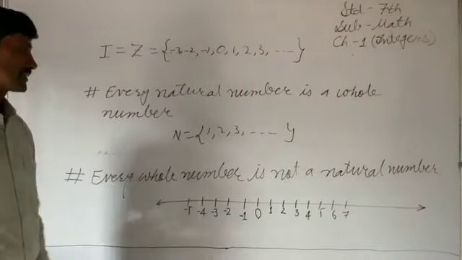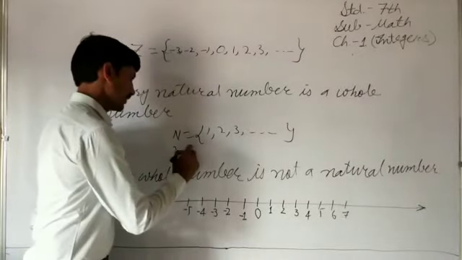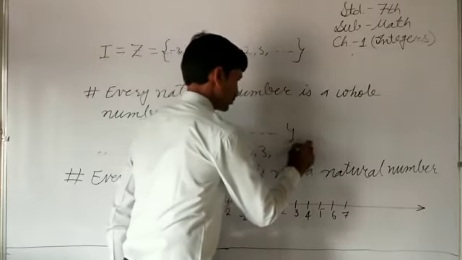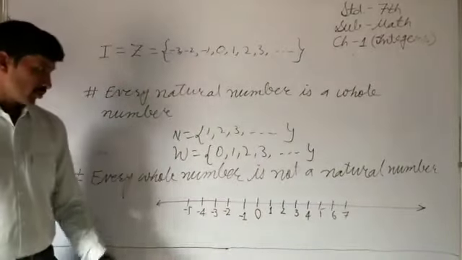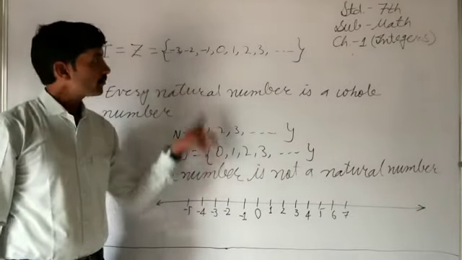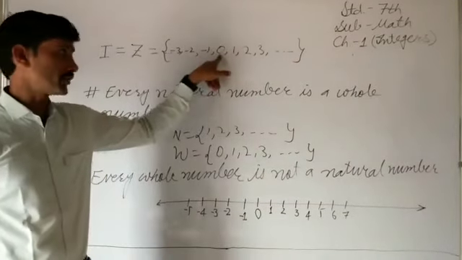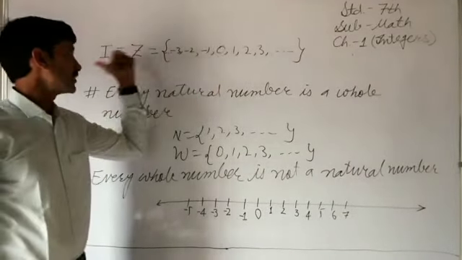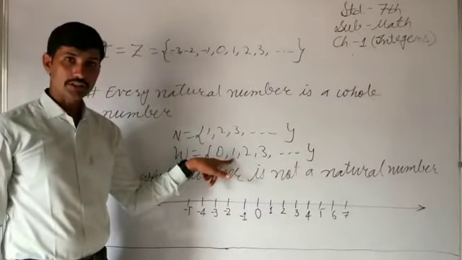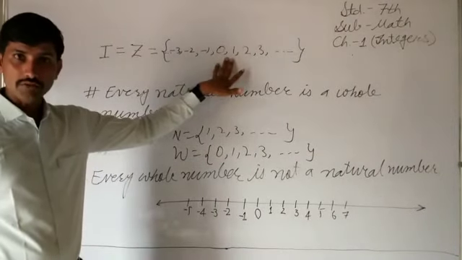Now same thing, let us think of whole numbers also. As you know, this is the collection of whole numbers: 0, 1, 2, 3 and so on. So 0 is here in this collection, no doubt 0 is a whole number. Is 0 also here? Yeah, 0 is also here. So we can say 0 is an integer. Is 1 here? So 1 is also a whole number. But 1 is also present here, so it is also an integer.